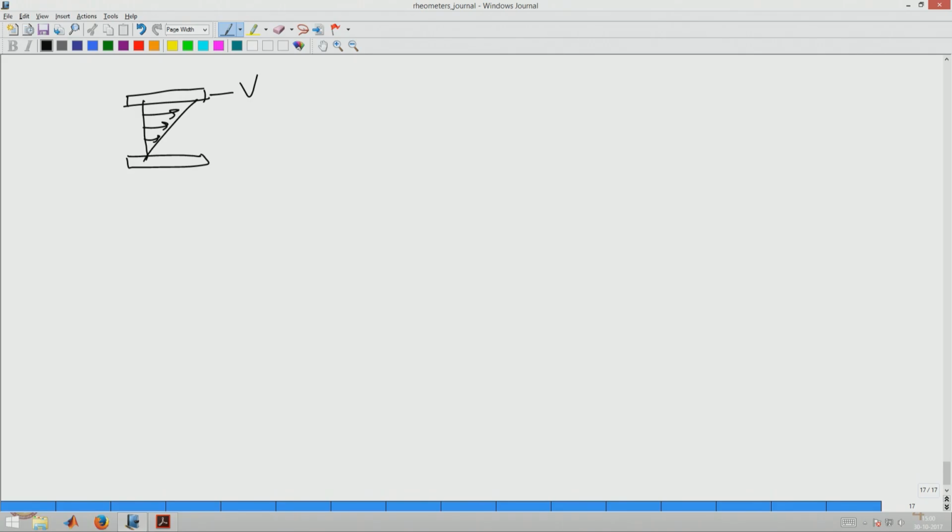The only thing we are ensuring in such experiments is that at the top plate the velocity is V and at the bottom plate the velocity is 0. There are only 2 points we are fixing. Now, one of the solutions to this flow problem is the linear velocity profile.